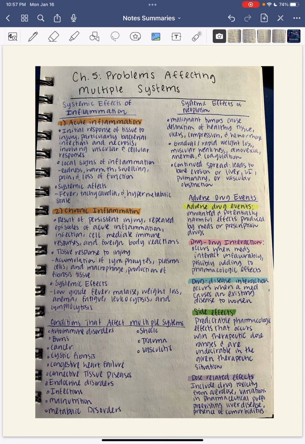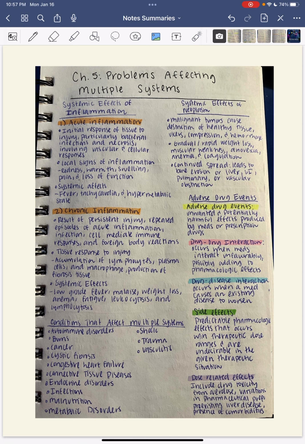Conditions that affect multiple systems. There are a lot of conditions, ranging from autoimmune disorders to shock, trauma, vasculitis, cancer, cystic fibrosis, congestive heart failure, connective tissue diseases, endocrine disorders, infections, malnutrition, and metabolic disorders. The systemic effects of neoplasm include malignant tumors caused by destruction of healthy tissues, ulcers, compressions, and hemorrhages.